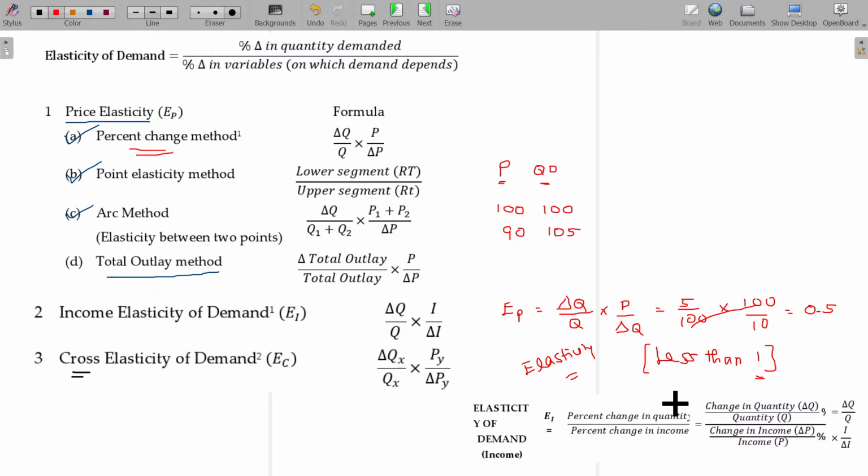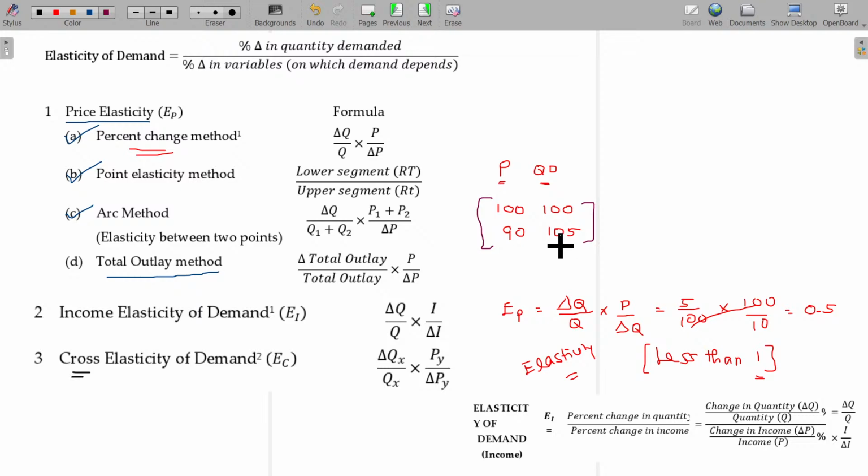Mild elasticity. Now, my question is, if you are the seller involved in selling this commodity, and you are aware of this status, that if the price decreases from 100 to 90, you can sell a quantity of 105 rather than 100, will you be happy or not?